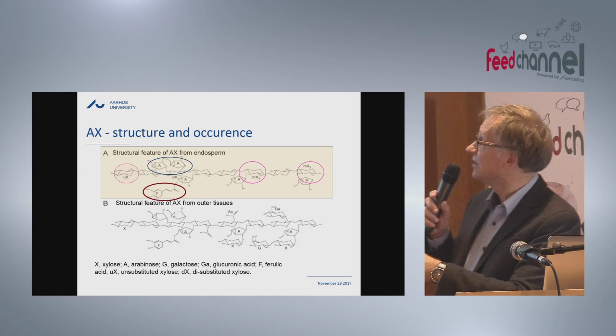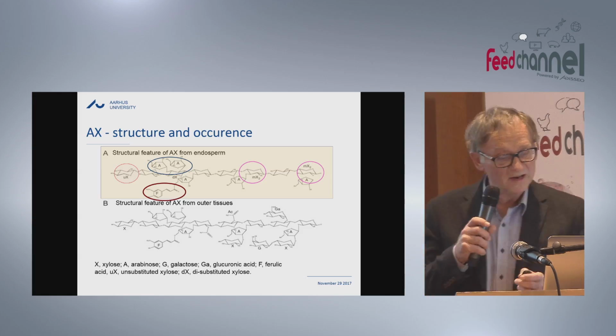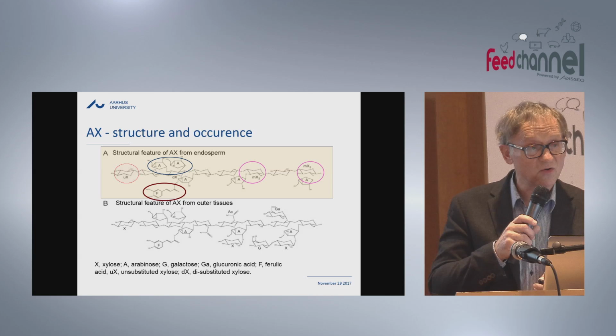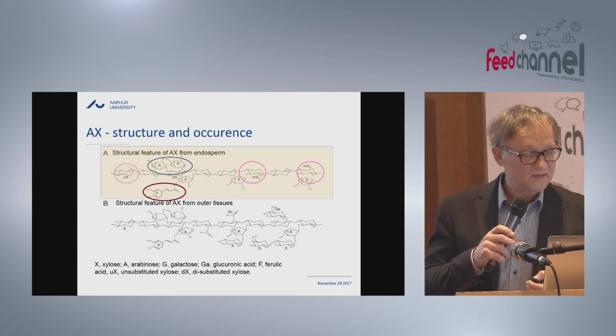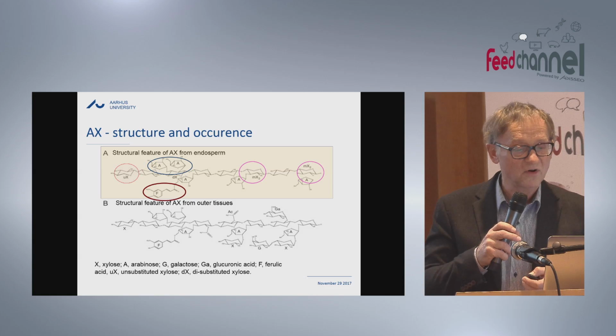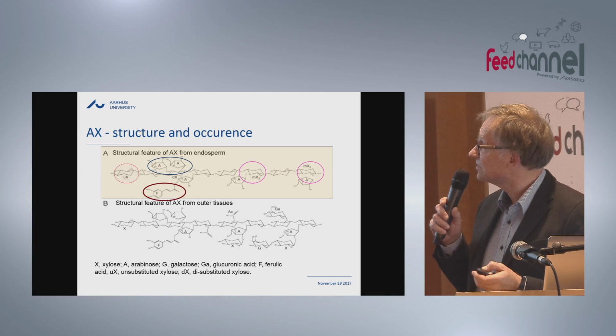As I mentioned, arabinoxylan has quite a complex structure. This one is from the endosperm of wheat, whereas when you look at the outer tissues of wheat, you'll see that the structure is somewhat different. That has a great impact on their properties, and also on the capability for them to be handled by exogenous enzymes.